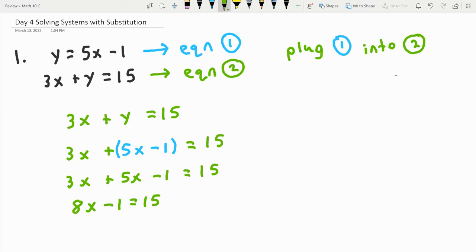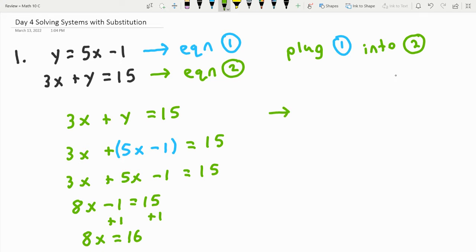From here, I can add a 1 to both sides to get rid of it, because I'm going to try to isolate x by itself so I can solve for it. So let's add 1 to both sides. And once we do that, we should have 8x equals 16.